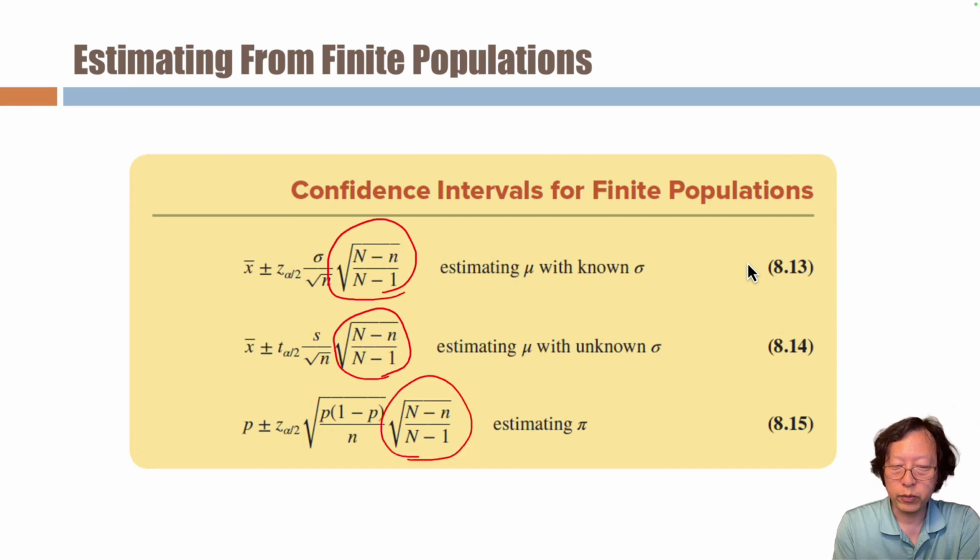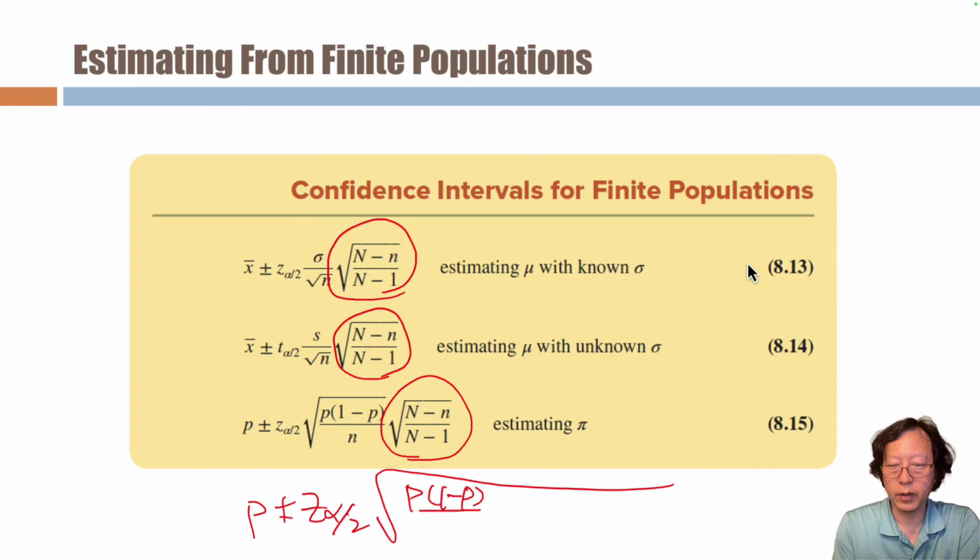However, our textbook has a typo. In the textbook, you might see this kind of formula, N minus n over n minus 1.